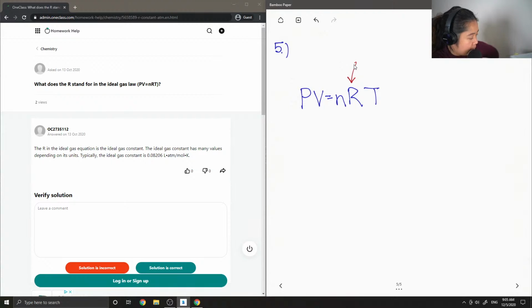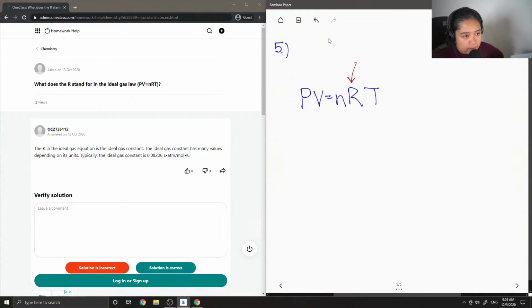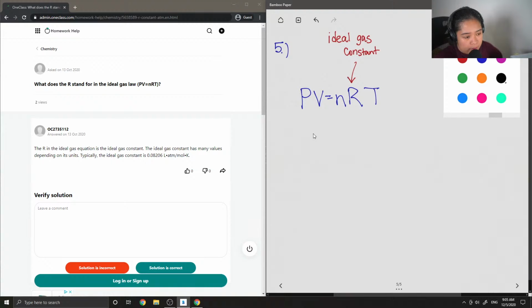So it can stand for the ideal gas constant. And I'll show how we get its value. But first, I'll just define all the other variables in the equation.